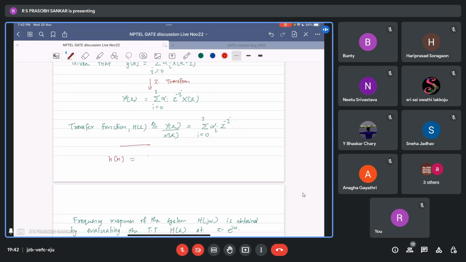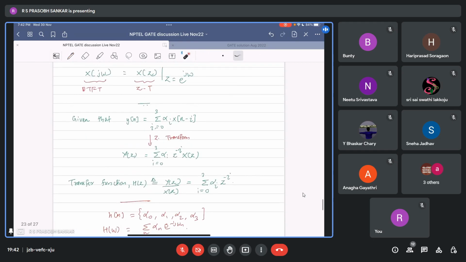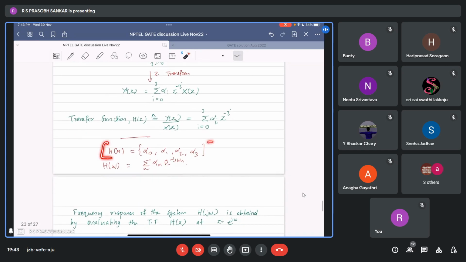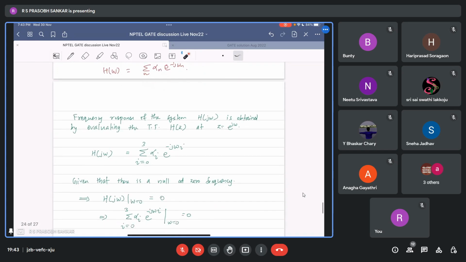We know that h of n equals alpha 0, alpha 1, alpha 2, alpha 3. This is given in the question. That means H of omega will be summation over n alpha n e raised to minus j omega n. That's it. I just wrote the Z transform so that we have that flow, but it's okay. Since we know what this h of n is, we can directly compute.